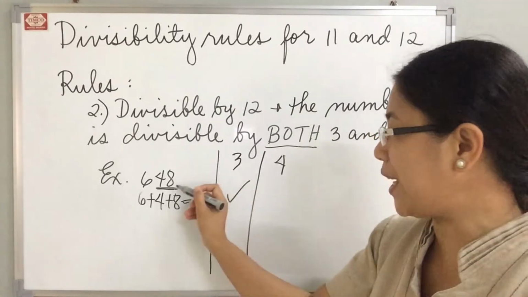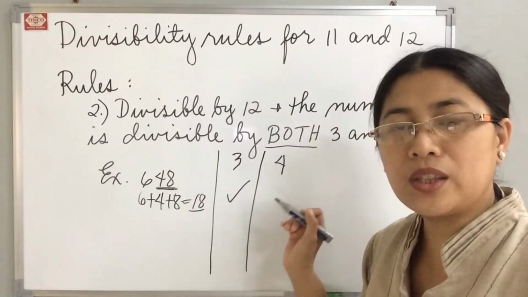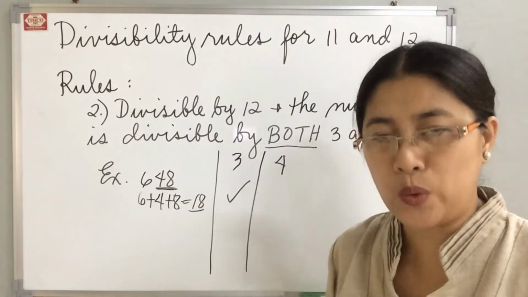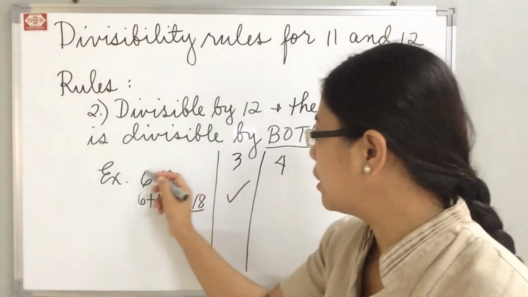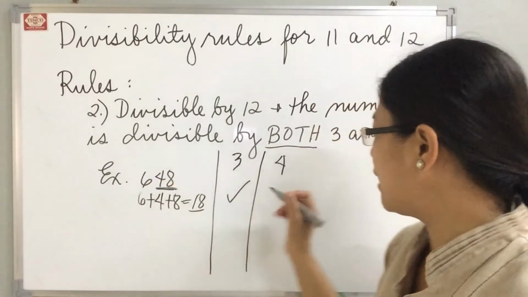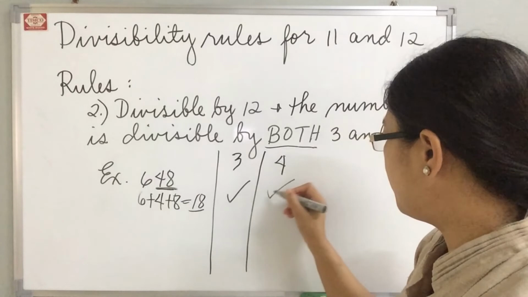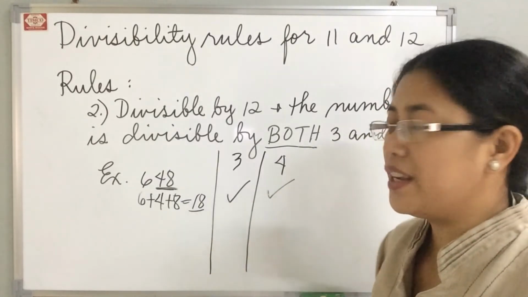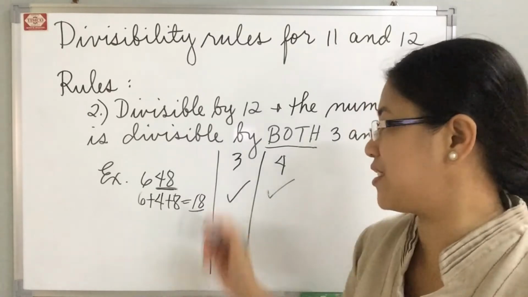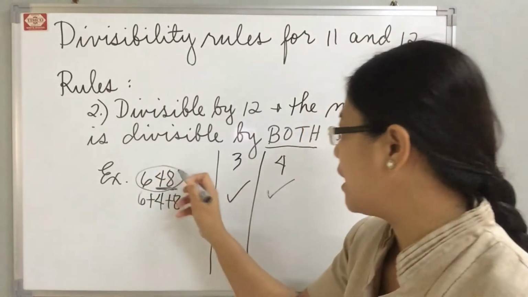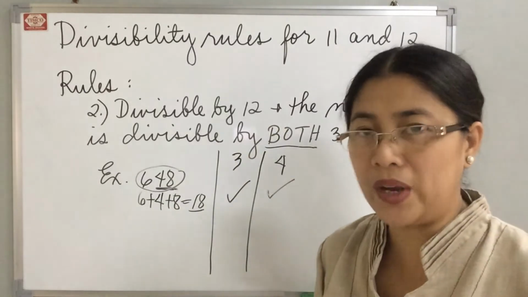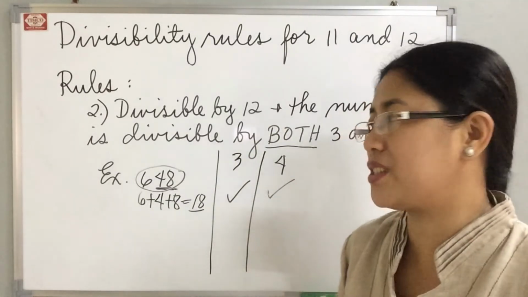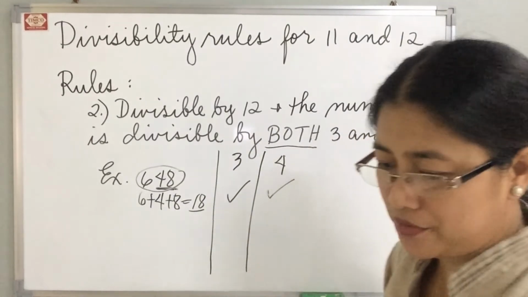Yes, because 48 divided by 4, it will give us what? 12. So, therefore, this 648 is divisible by 4. So, look at the 2 checks here. Can we now say that 648 is divisible by 12? Yes.